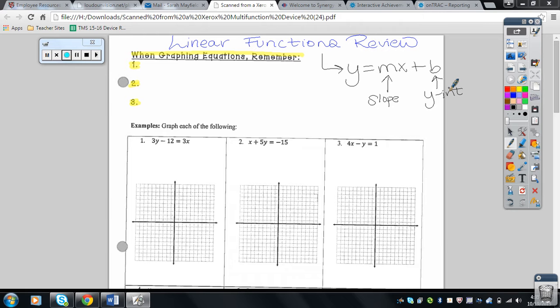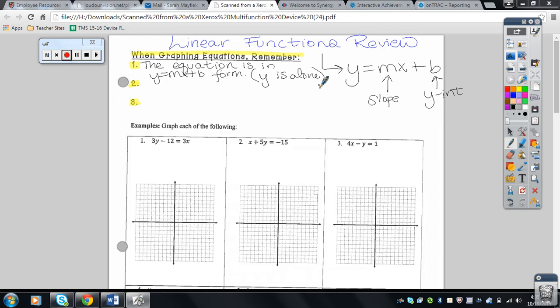So when I'm graphing a line, the first thing I need to remember is that the equation is in y equals mx plus b form, okay? What I mean by this is y is alone. So I'm going to take every equation and solve for y, okay?